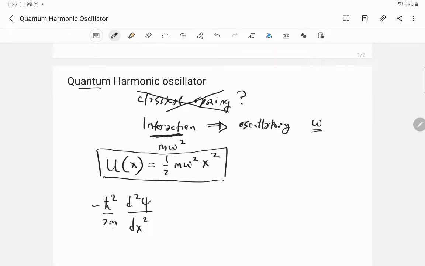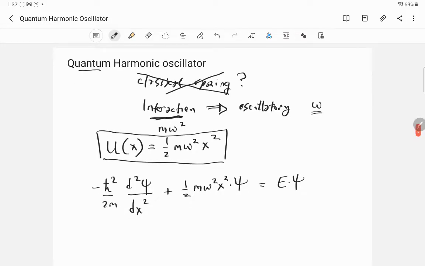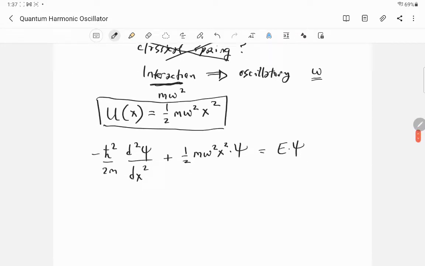We imagine we have this little particle of mass m, and it is subject to a potential that looks like this. This is u of x, but remember you have to multiply by psi of x afterwards, and it's equal to some number that represents the energy multiplying the wave function psi again. So here's Schrodinger's equation.